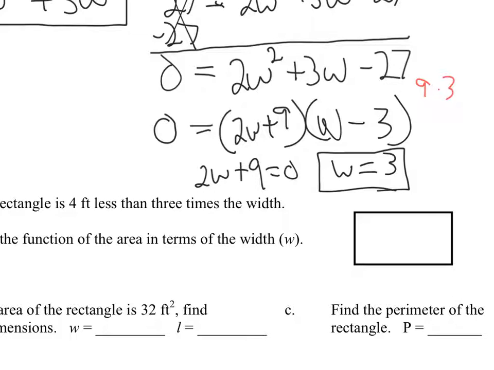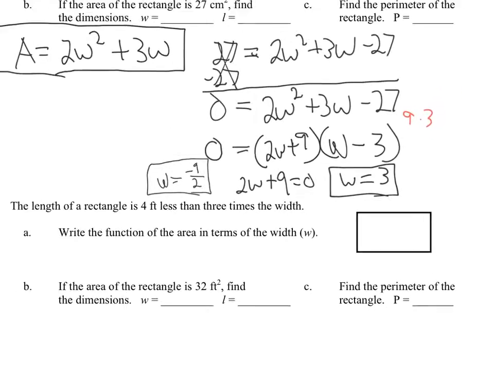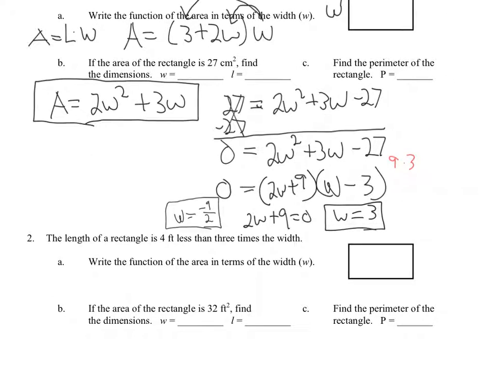We would end up with W equals negative 9 divided by 2, so that would be negative 9 over 2, okay, which is also negative 4.5. Okay? All right, so basically what we've done is we have solved this quadratic, and of course this quadratic had two solutions, W equals 3, W equals negative 4.5.